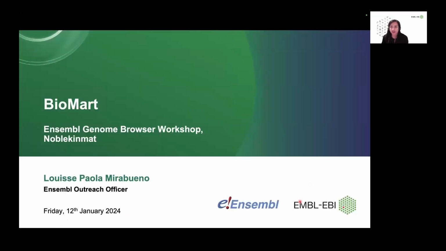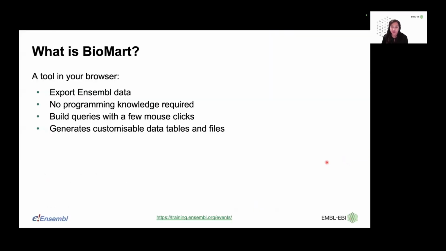So for this final module for today, I am going to talk about BioMart, which is one of our most popular tools, I'd say, in Ensembl. So BioMart is a web-based tool to export Ensembl data without needing to have any programming skills. You can build queries using a point and click method with your mouse, and you can generate custom data tables and files. But one thing that BioMart is, it's not meant for downloading whole genomes.